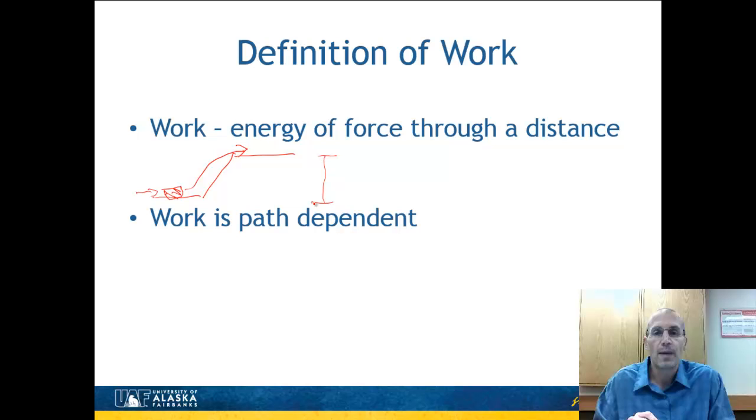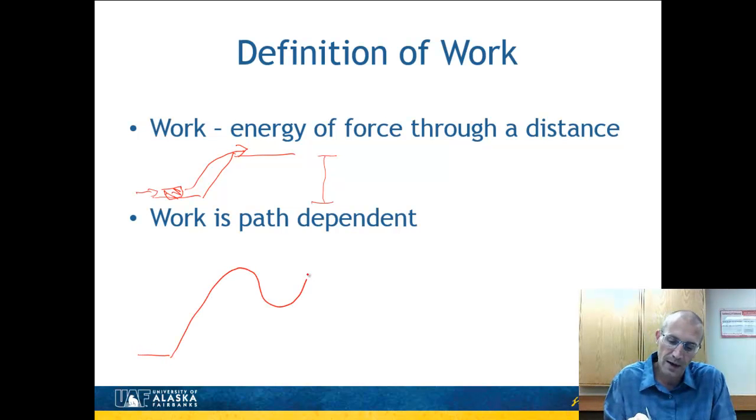Now, work is path dependent, which means how I get to that final destination depends on how much work I put into it. For example, let's push our block up the hill again, but I'm going to draw a different type of surface this time that goes up and then back down and then up to a final distance here. I'm going to push the block, and it's going to go up here, then down, and then up there.